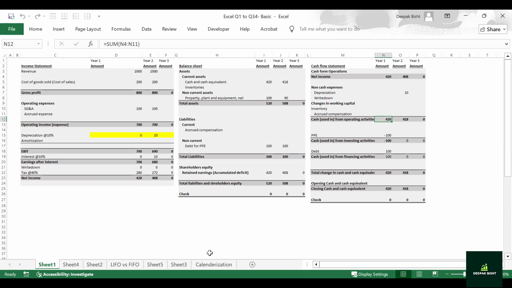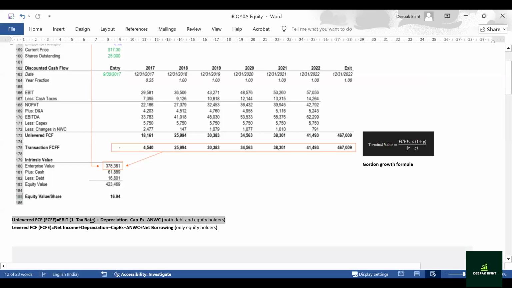If you remember the formula given here in the example, depreciation, capital expenditure, changes in working capital, this could all be considered as cash flow from operations.